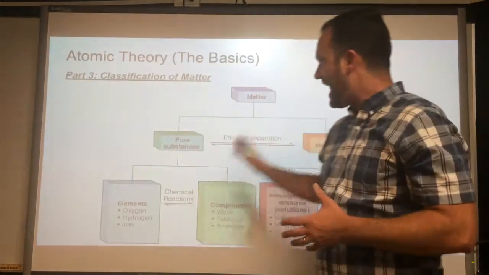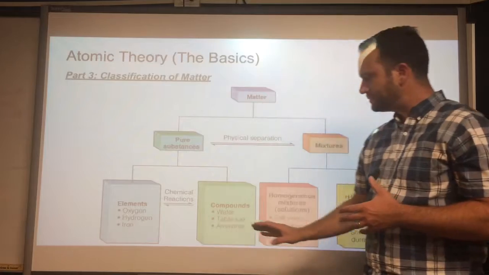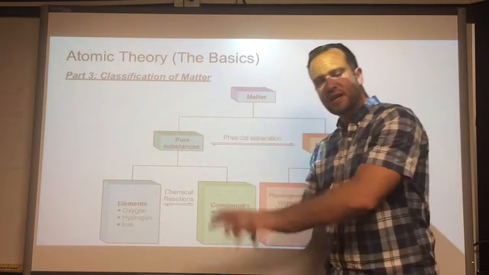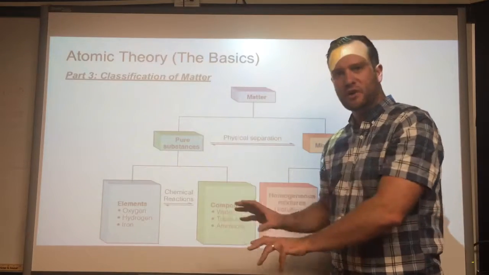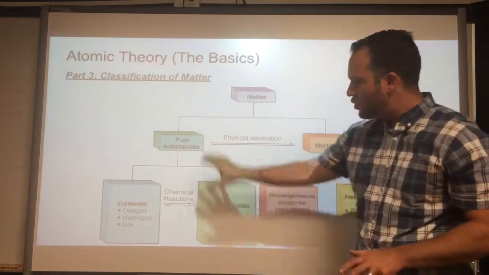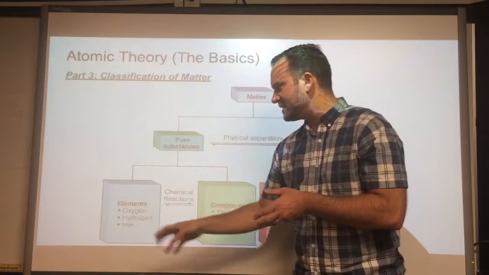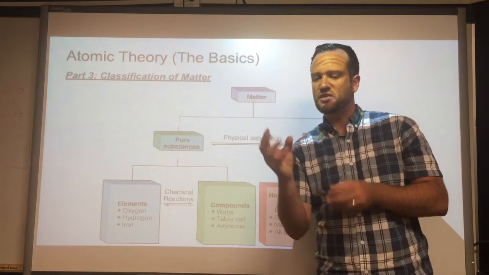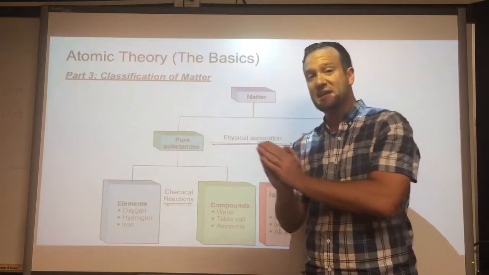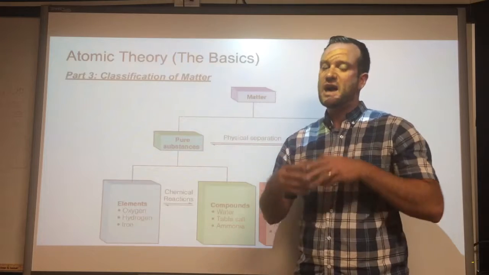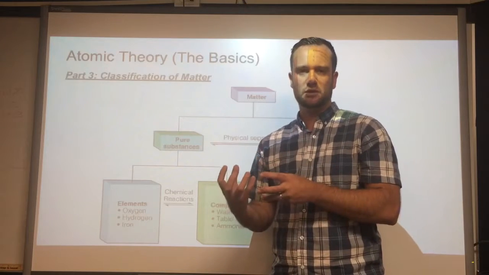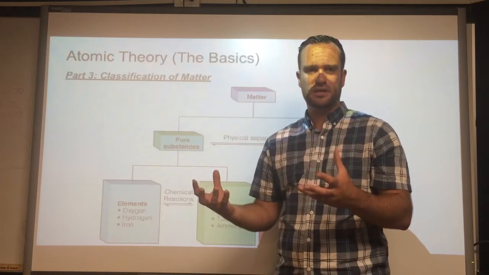Now, let's look at the pure substance side. I don't want to get too much into this because this is going to be some of the bread and butter of grade 10 science, of chemistry. We have elements and we have compounds. Now, an element is a single, well, it's going to be an atom. Let's say you had a pure piece of gold, completely pure substance.